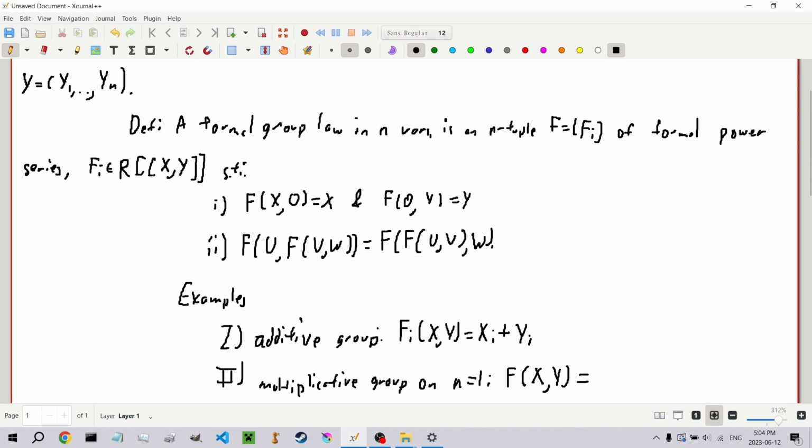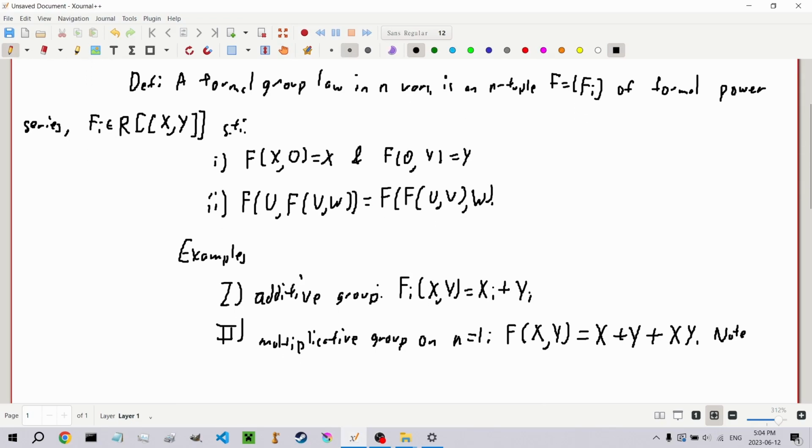F of x and y, we only have one of each, is going to be x plus y plus xy. Note this is our 1 plus x, 1 plus y.